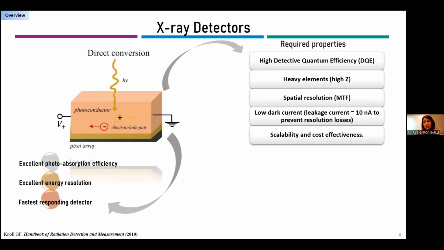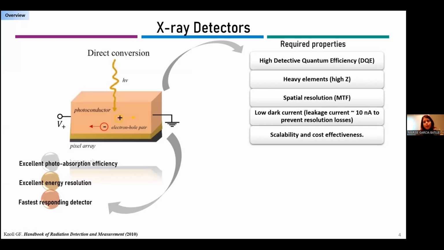Of course, in order to use those devices, they need to fulfill certain properties. Some of the properties I have added in this slide. These devices work under high electric fields, so we need to use materials with high atomic numbers. Then, any device for this purpose needs a high conversion efficiency and spatial resolution, which is connected to the quality of the X-ray image.